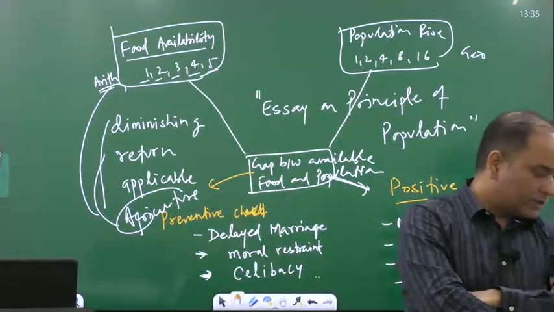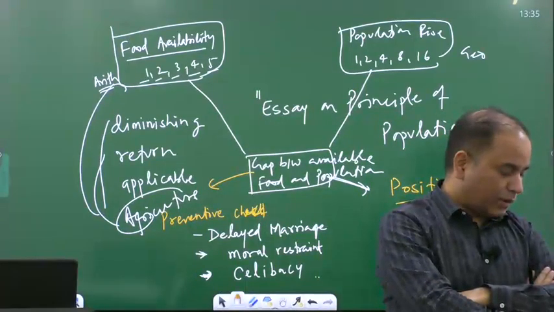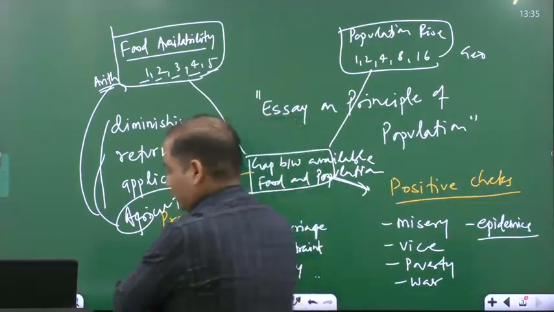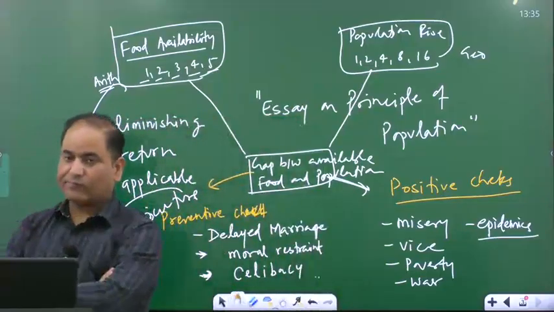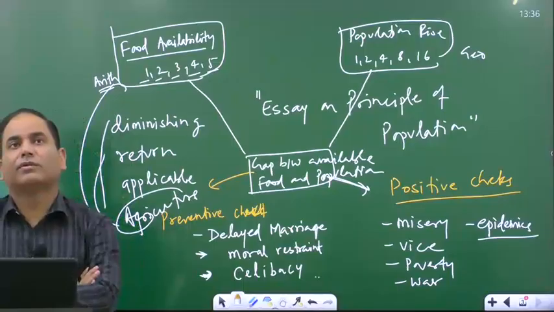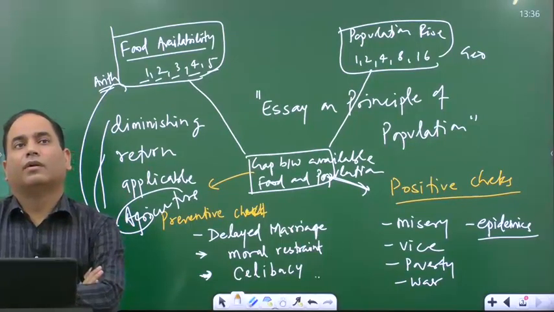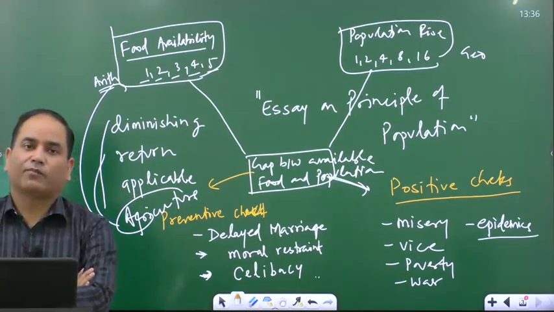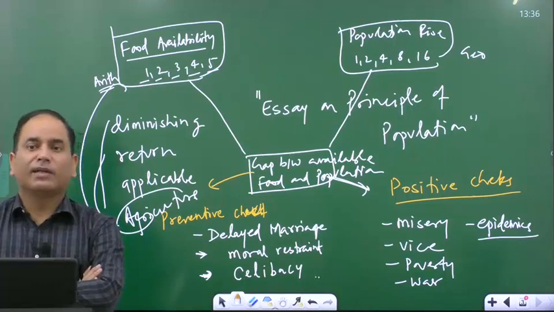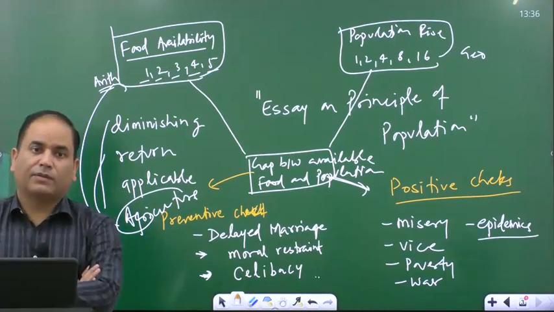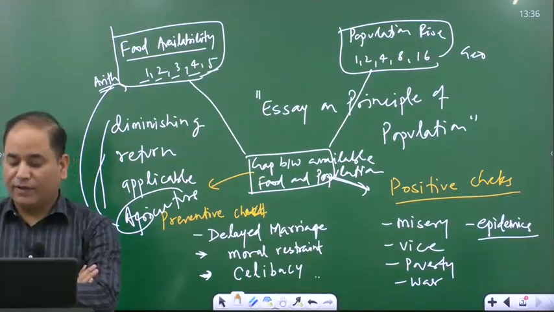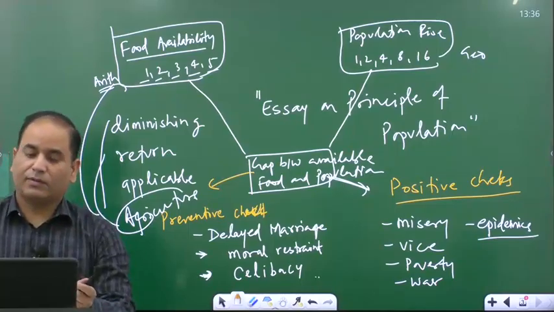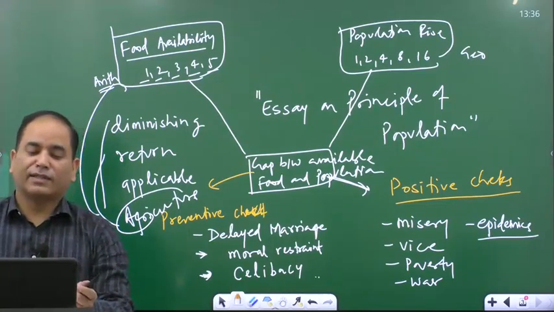Also Malthus suggested that population will get doubled in 25 years if it is unchecked.